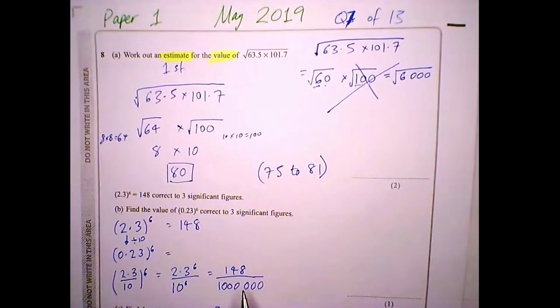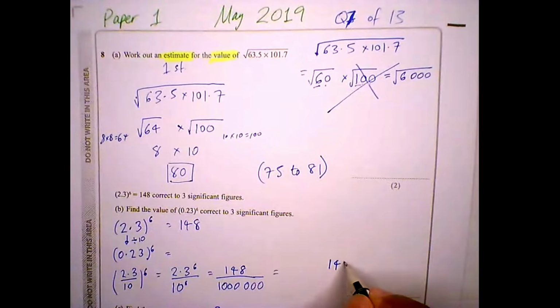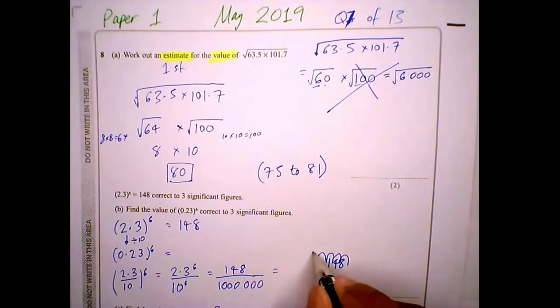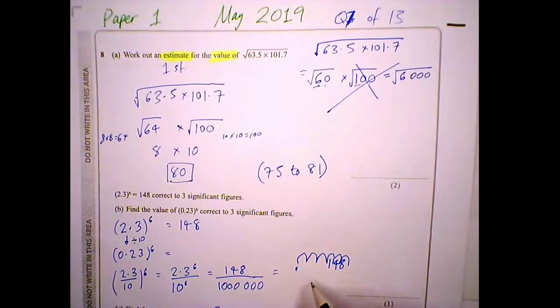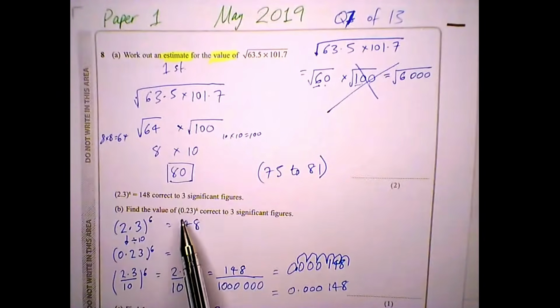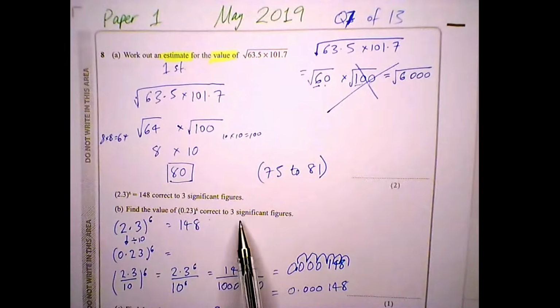And so now I can just write this out as 148 divided by 1,000,000. So my place value is 1, 2, 3, 4, 5, 6. Put my decimal point there. Add my zeros. And so now this just becomes 0.000148.